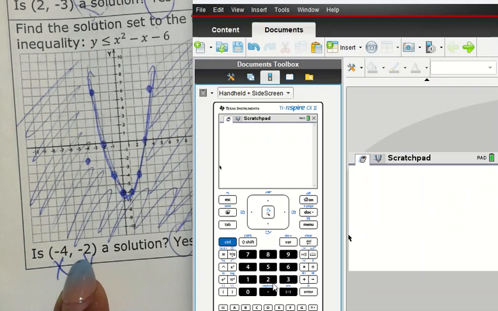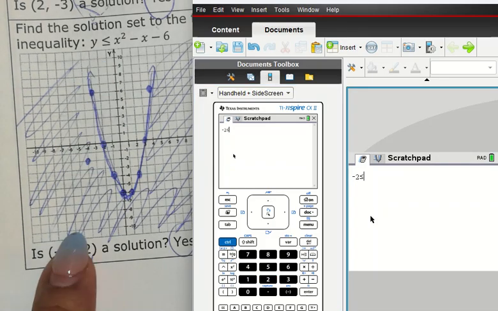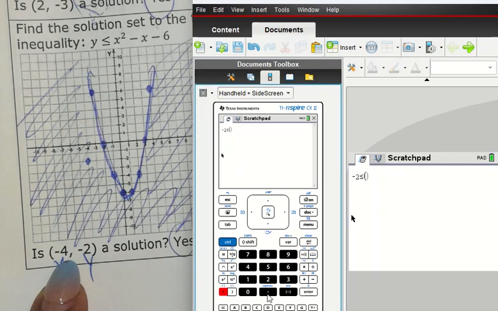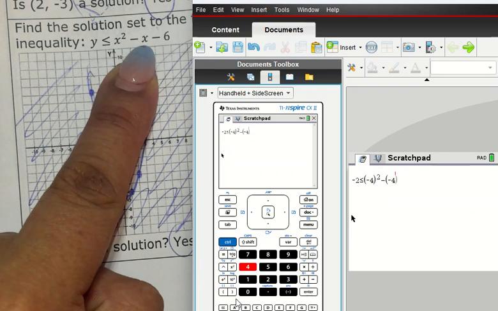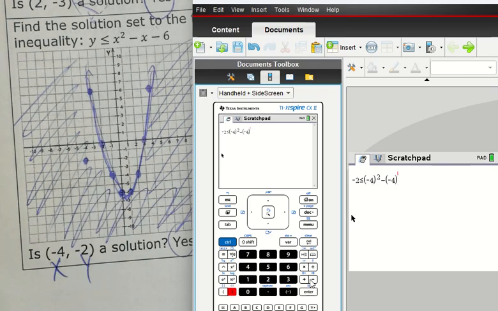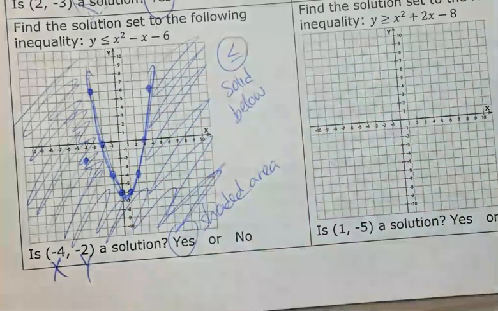So the y is -2. And then we have less than -4 squared minus -4 minus 6. So this is true, which means that that point is in the shaded area.